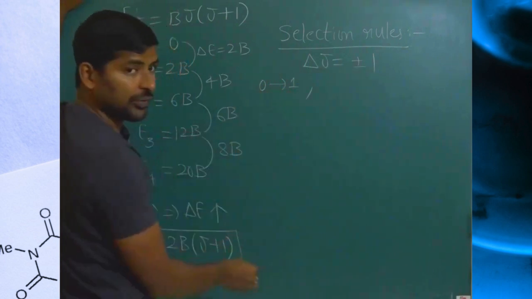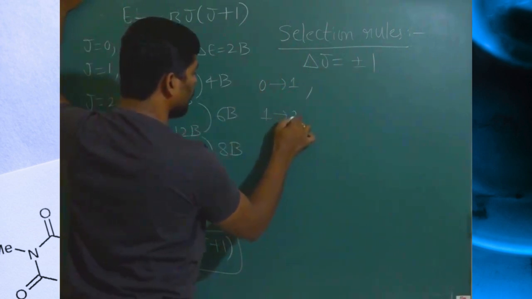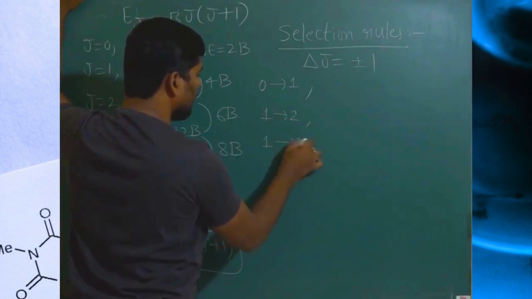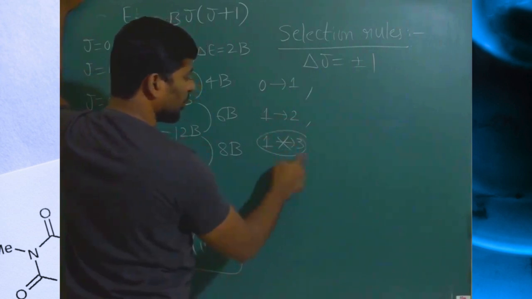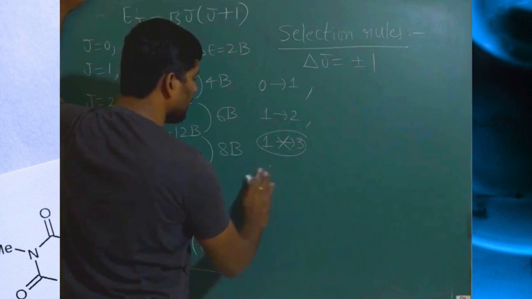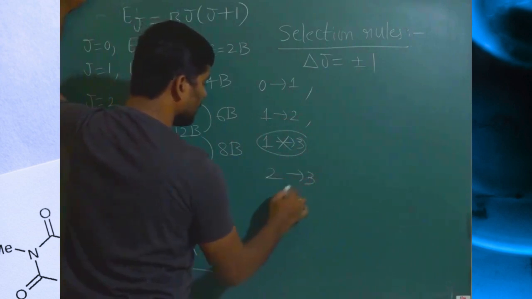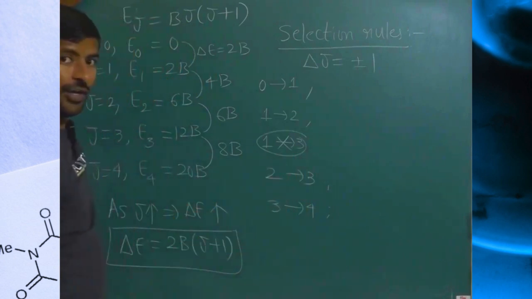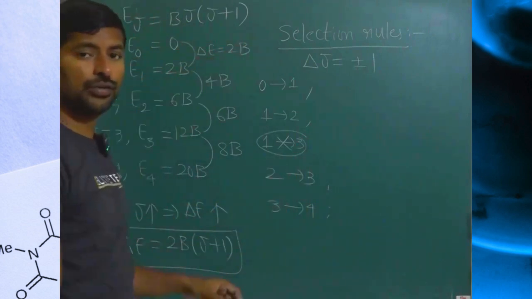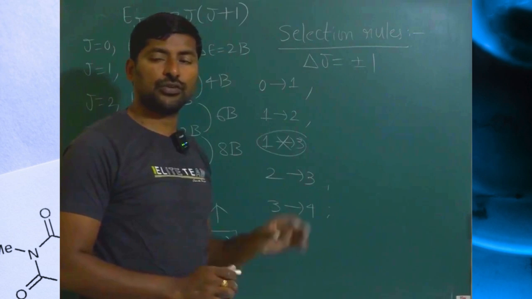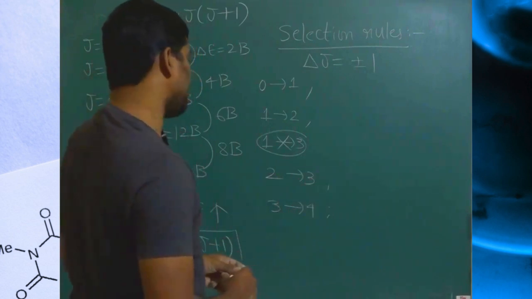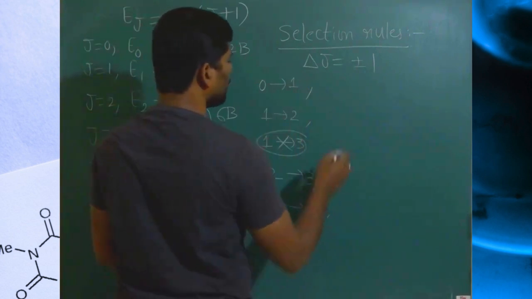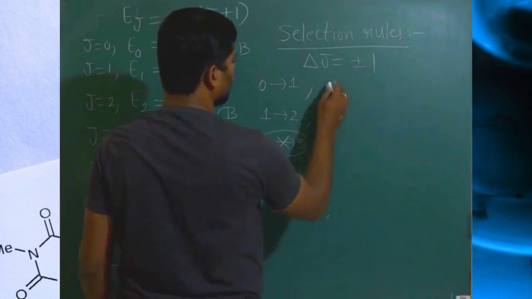Delta J is equal to plus 1, allowed. 1 to 2, allowed. 1 to 3, not allowed, delta J we are getting 2. Next, 2 to 3, allowed. 3 to 4, allowed. So these are some of the allowed transitions according to selection rules. Those which do not follow selection rules are called forbidden transitions.